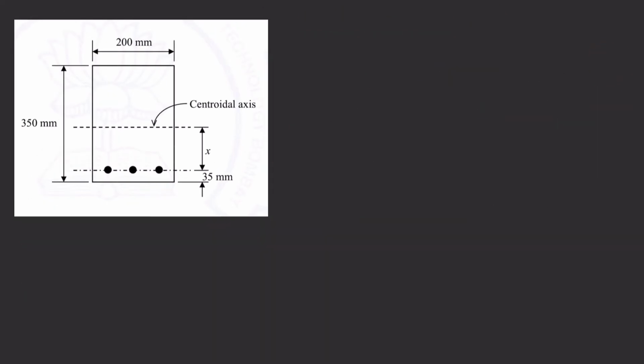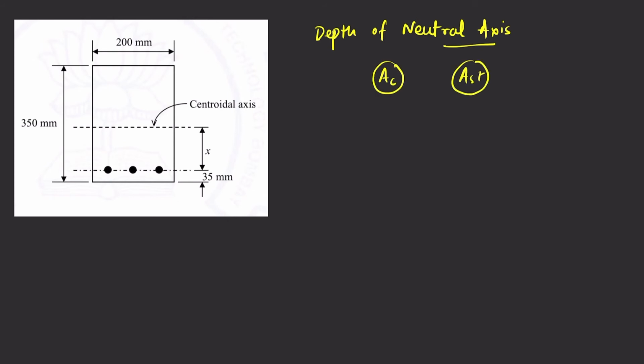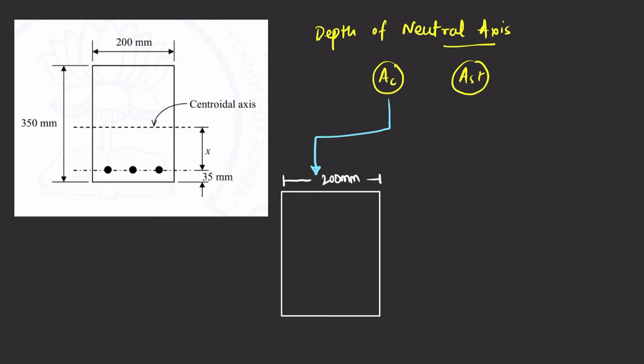Also, before moving toward the solution, we need to understand one more concept: to find the depth of neutral axis, we need to know the area of concrete and the area of steel at the cross section. The area of concrete from this diagram will look like this, where the width is 200 mm and the depth is 350 mm.